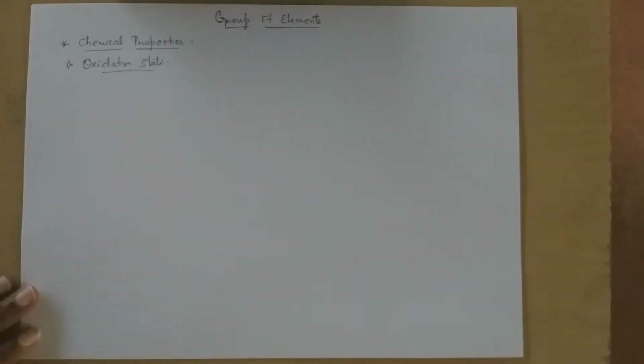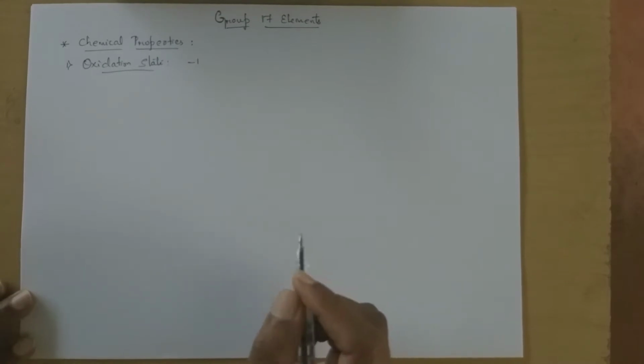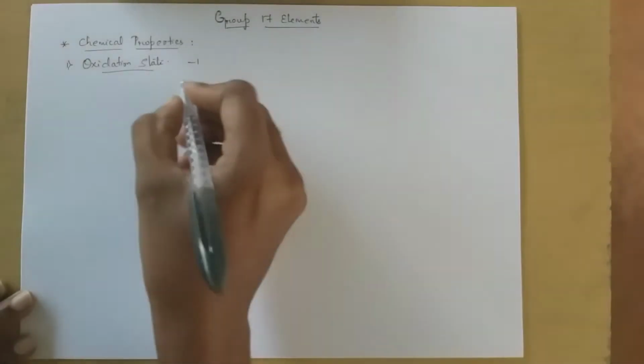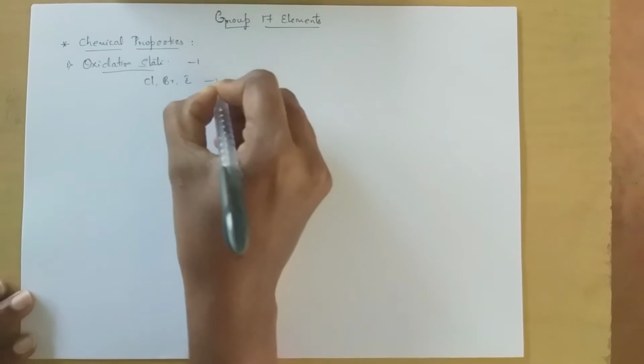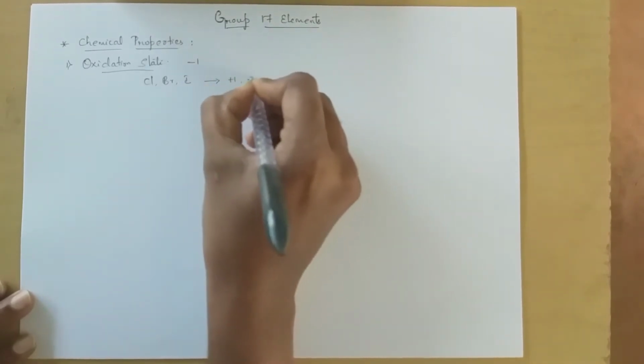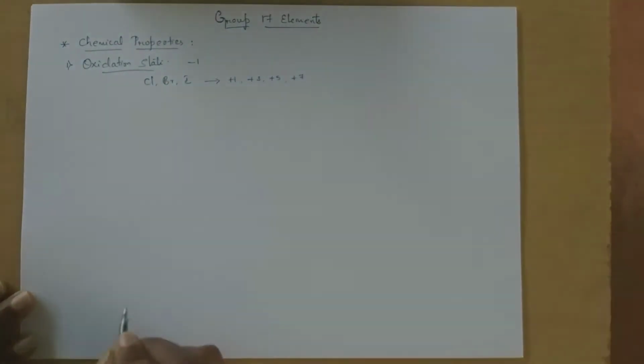Under oxidation state, all halogens exhibit -1 oxidation state. That is the general oxidation state. Even here, chlorine, bromine and iodine also exhibit +1, +3, +5 and +7 oxidation states due to the presence of vacant orbitals in their valence shells.